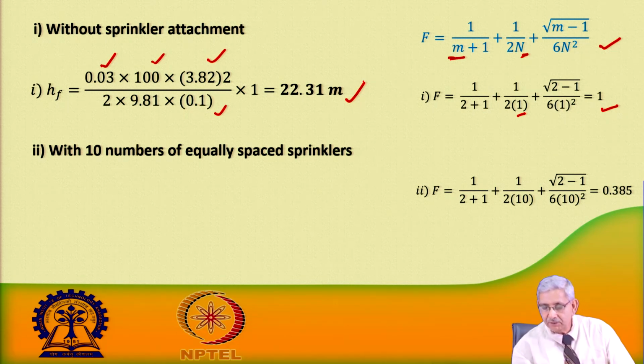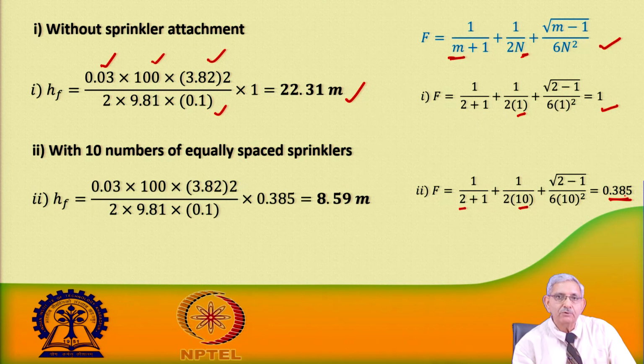Here m is already given to us as 1, and capital N is 10, so we substitute in this equation and we get the reduction factor f as 0.385. The earlier value was for one outlet, so if I multiply 0.385 by 22.31, we will get 8.59.